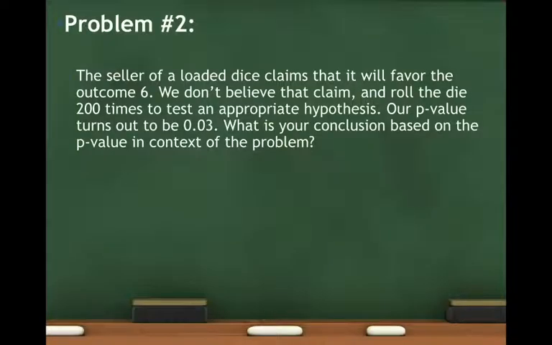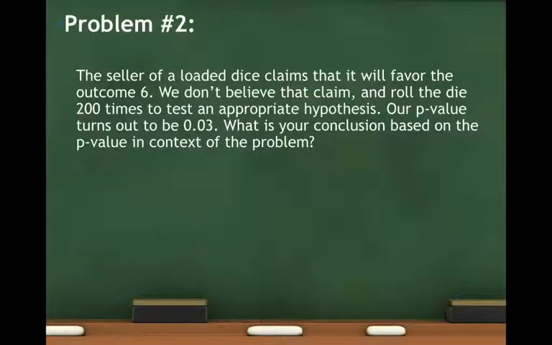Our next problem is, let's say the seller of a loaded die claims that it will favor the outcome 6. We do not believe that claim and roll that die 200 times to test an appropriate hypothesis. Let's say we found our p-value as 0.03. What is our conclusion based on that p-value and the context of the problem?